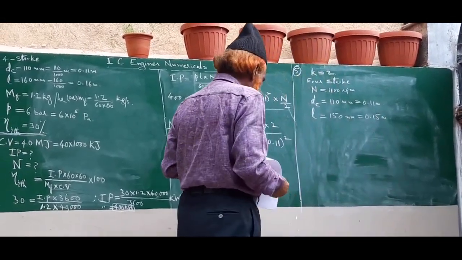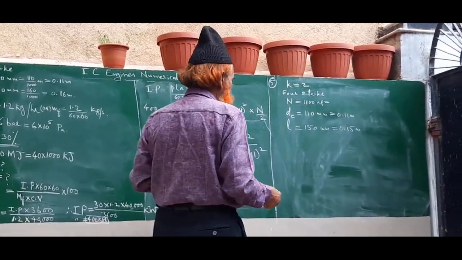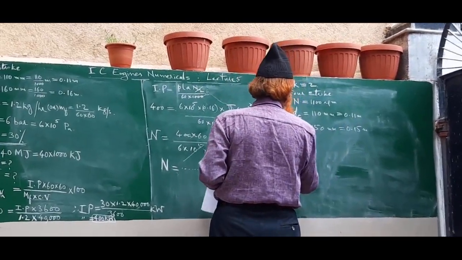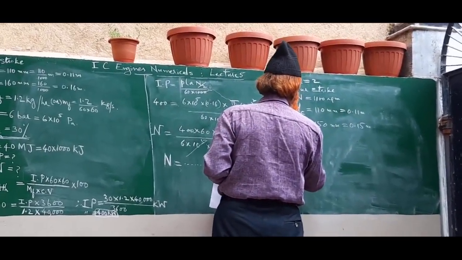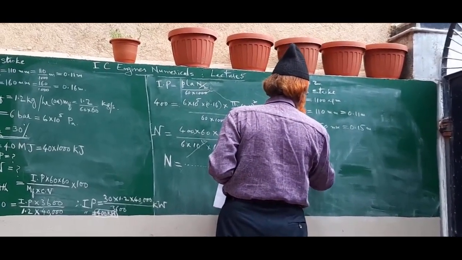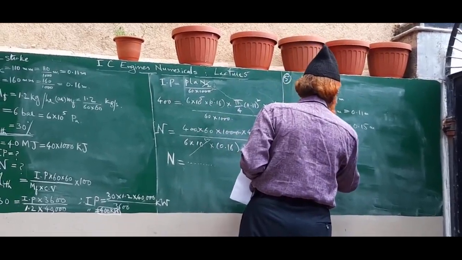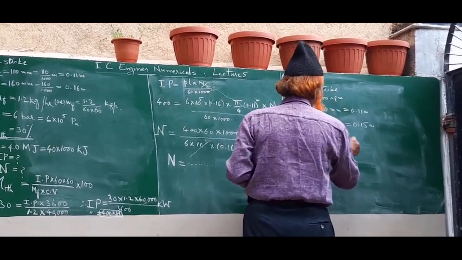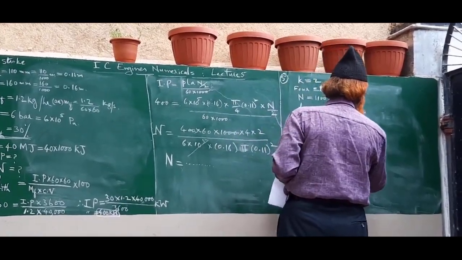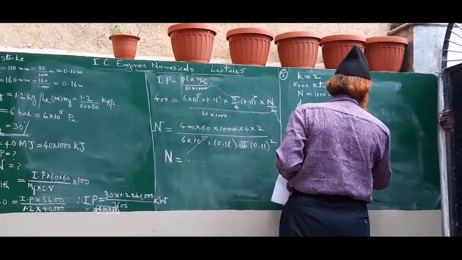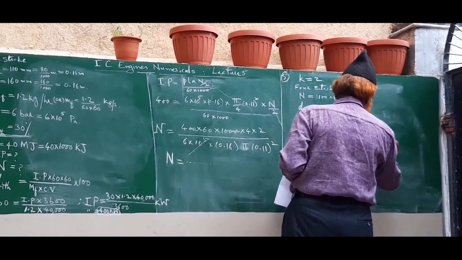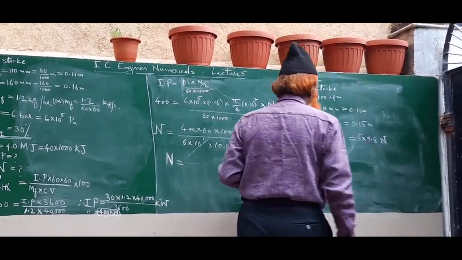Then the brake load is 5 kg. Brake load is given, therefore directly net load W minus S we have to take down. It is given 5 kg. We have to change it into Newton. Therefore it will become 5 into 9.8 Newton, multiplying by the value of g.